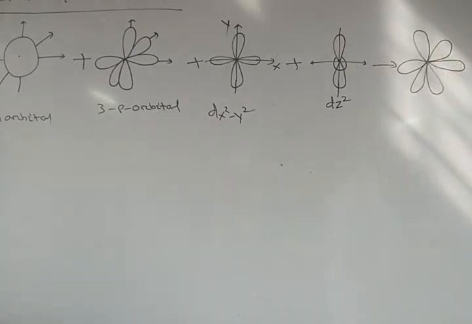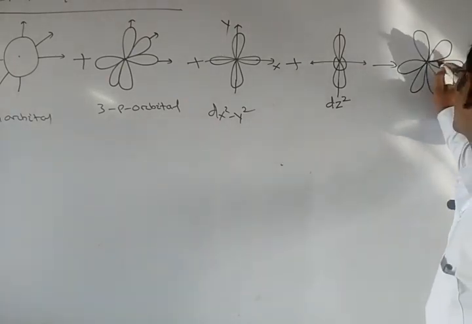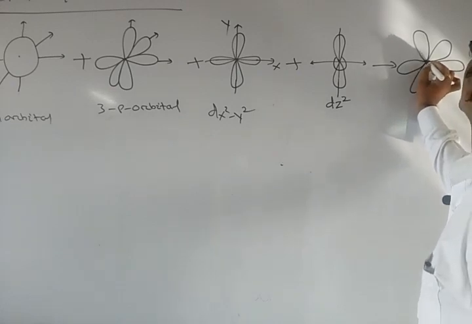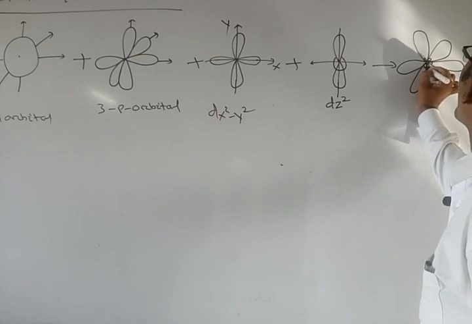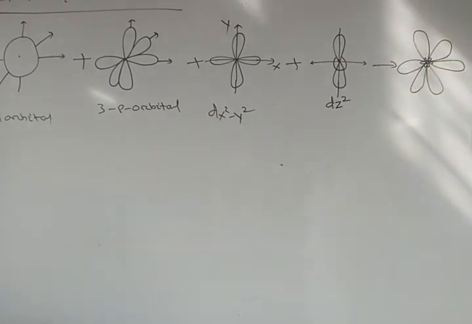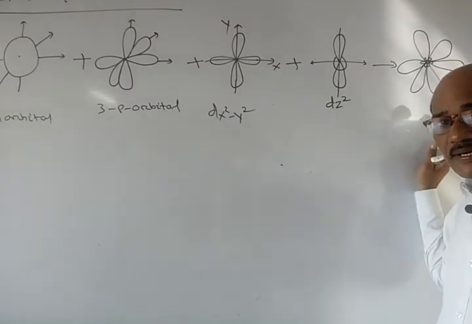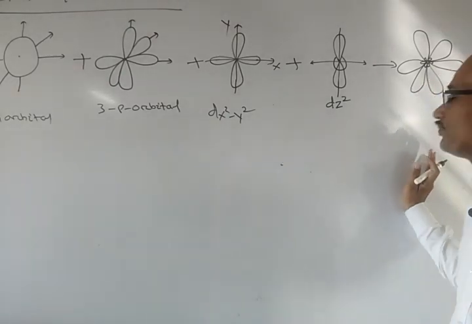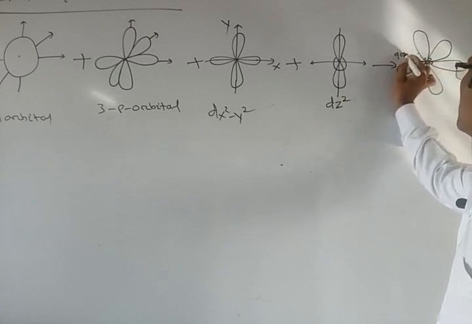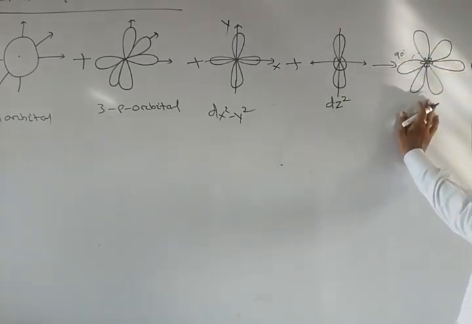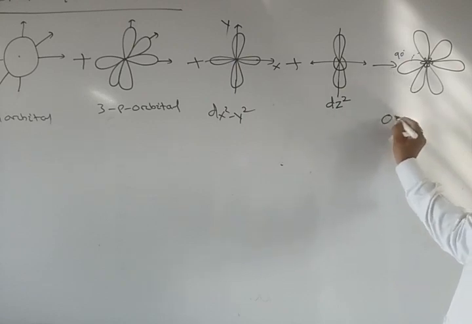Now the 6 sp3d2 hybrid vectors are each forming an angle of 90 degrees to each other, and the geometrical arrangement will be octahedral.